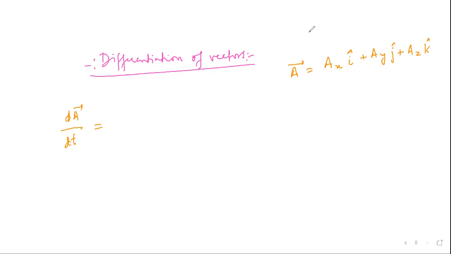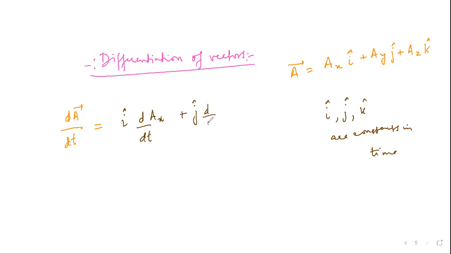And assuming that the unit vectors i cap, j cap, k cap are constants in time, they don't change in time, then I will write i cap d by dt of ax plus j cap d by dt of ay plus k cap d by dt of az.